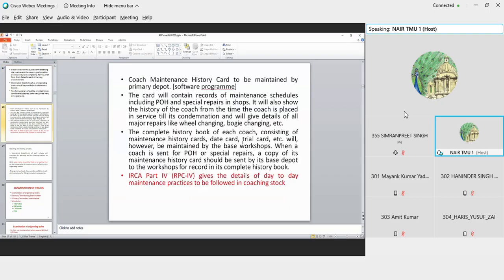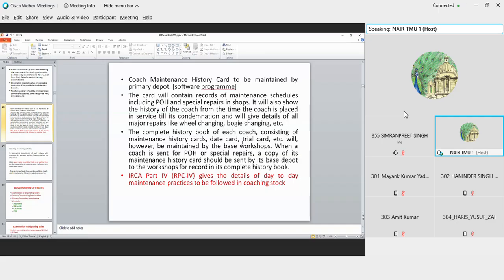Now, the depot would be maintaining something called a coach maintenance history card. Each coach will have a history card, and they'll keep recording the various schedules and attentions they have done on a specific coach. This information is shared with the workshop. Along with this coach maintenance history card, they also maintain a deficiency card or a deficiency register.